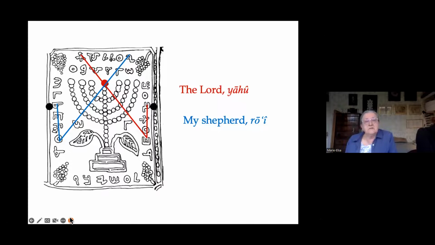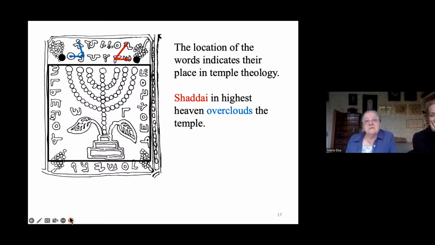Now I'm going to take you up to level perhaps 1.5 of reading lead tablets. The location of the words indicates their place in temple theology. So the square is the Holy of Holies, in which there is the menorah, and this is where all the changes take place and start to take visible form and all the rest of it.